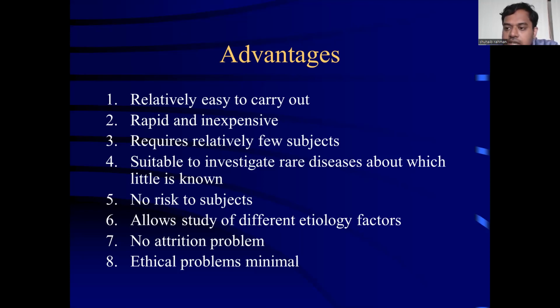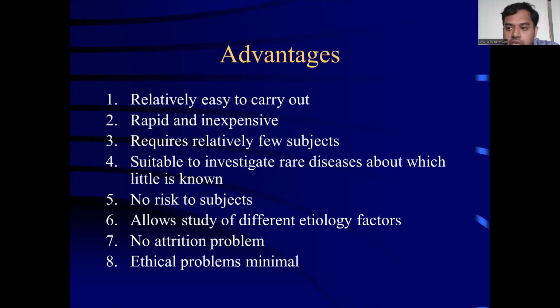So we are just taking a history. Unlike in a cohort study, where we know that this is going to happen, and we are sometimes intentionally exposing those particular patients. It allows study of different etiological factors. If you have an aim and objective, and secondary objectives, we can check those also by asking the history.